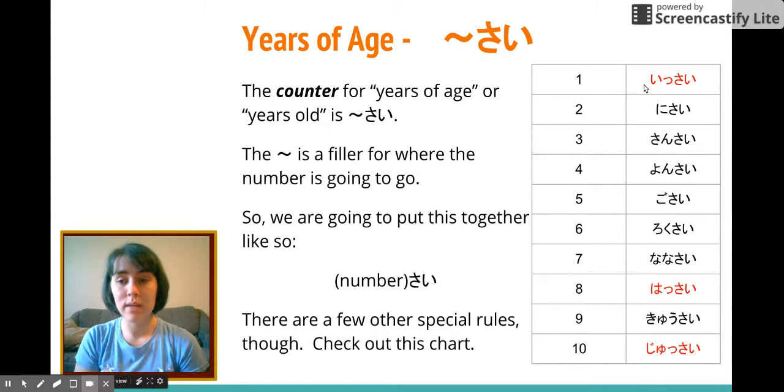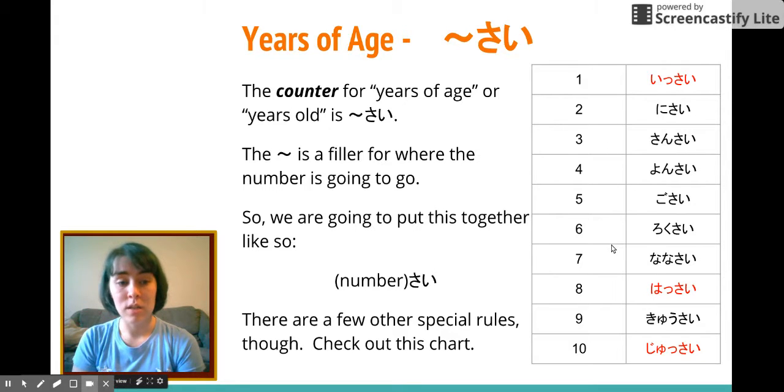For 1 year, we have issai instead of ichisai. The others are as to be expected. I already mentioned nanasai, yonsai, not shisai, yon. Hachi also becomes hassai. You can notice that 1 and 8 both end in chi, ichi and hachi.